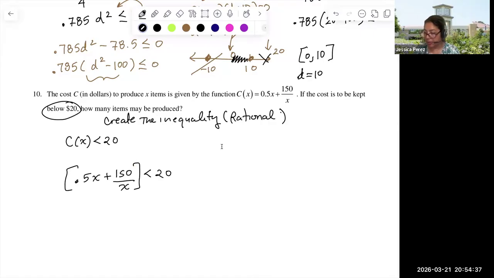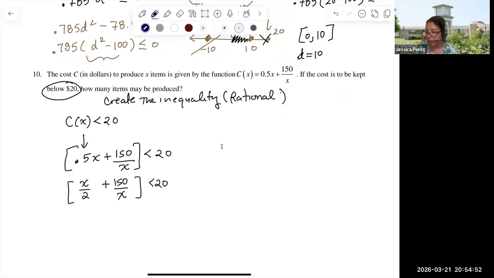I'm going to rewrite the 0.5 as x over 2, because 0.5 is a half, plus 150 over x less than 20. I'm going to multiply everything by my LCD. That LCD is going to be 2x on both sides.